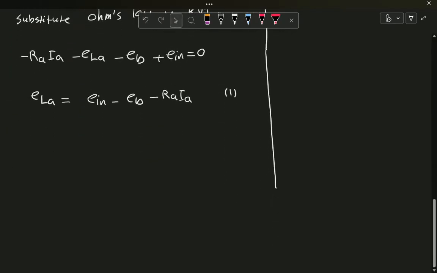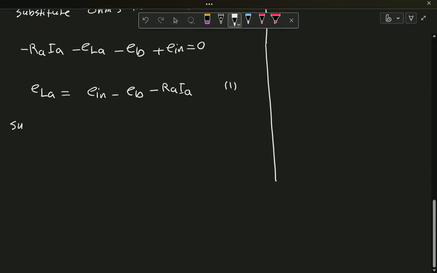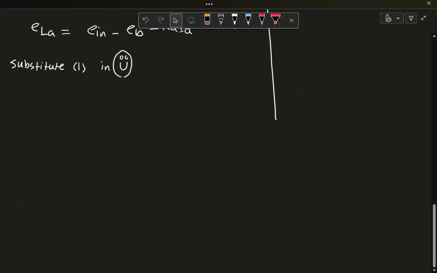Okay, substituting equation 1 in equation smiley, what do you get? So substitute 1 in smiley, you will get, let me just rewrite equation smiley here. ELA equals LA I dot A. Okay, and if you substitute equation 1 for this guy, you will have basically, instead of ELA, EN minus EB minus RA IA.